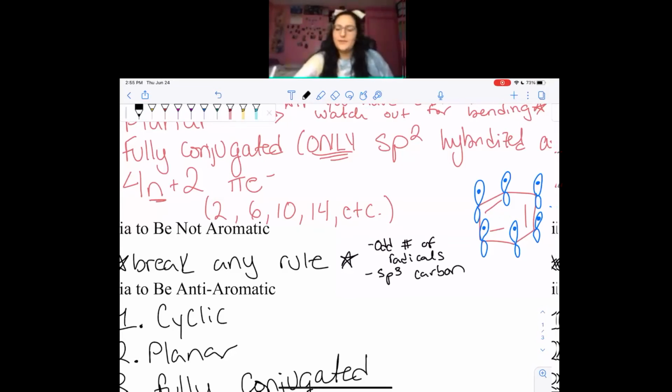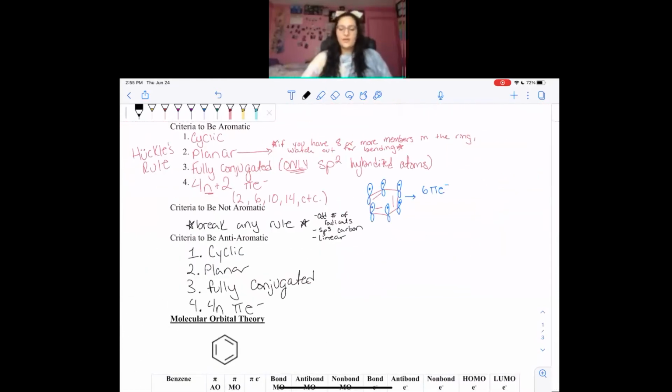If you see an sp3 carbon, it's automatically not aromatic. If you see something that's linear, automatically not aromatic. If you see any number of electrons that is not 4N or 4N plus 2, it's not aromatic. All right, so here are the rules. I'll give you a moment to soak them up in your brains.